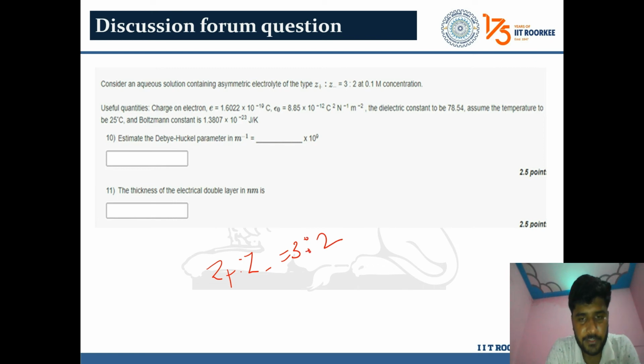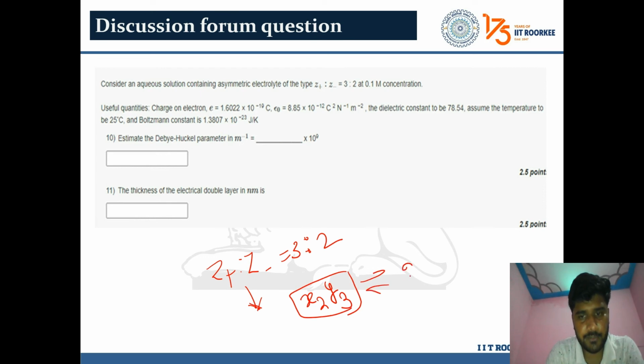So the first thing you will do is construct the molecular formula for the neutralization of charge. Let's say I consider the molecular formula of that electrolyte as X2Y3.